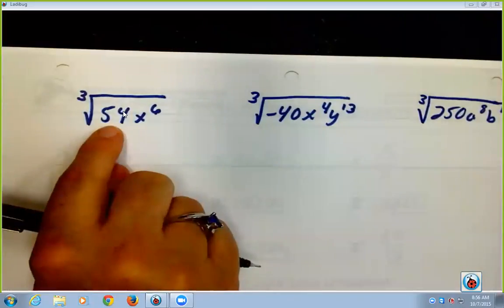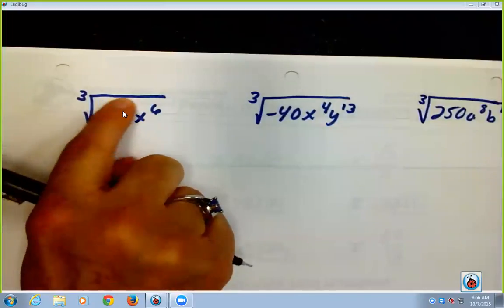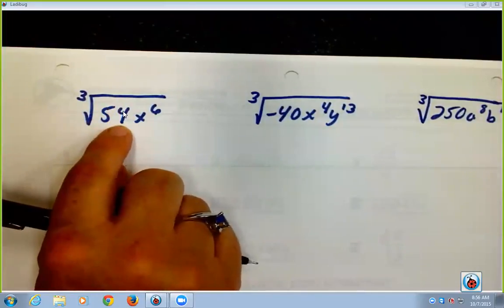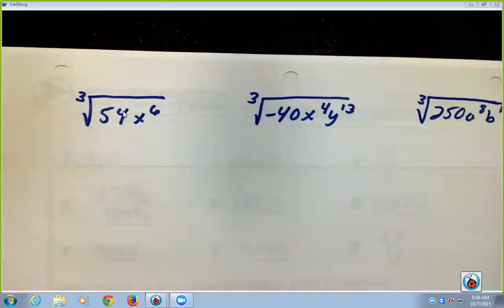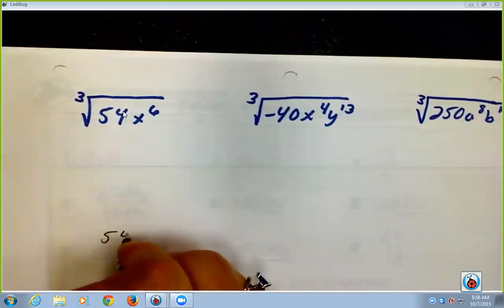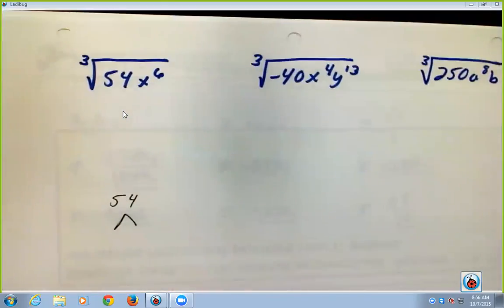So what is a perfect cube in 54? Perfect cubes, again, are things like 8, 27, 64, 125, so you get bigger numbers to look at. That's where breaking them apart into prime factorizations sometimes can really help you out with these.